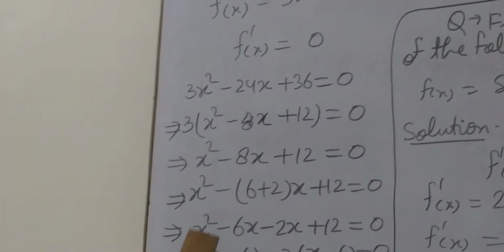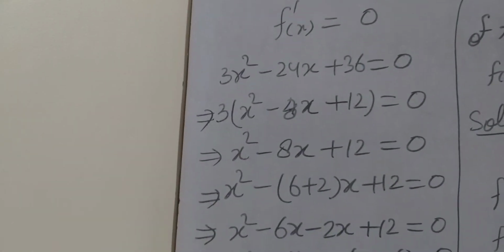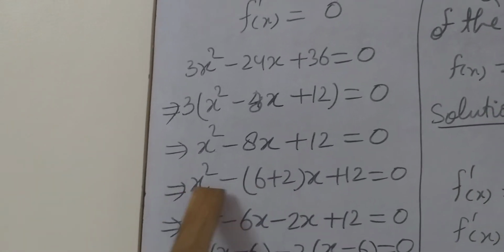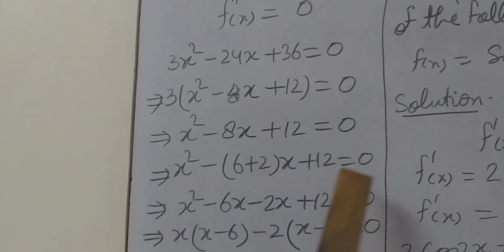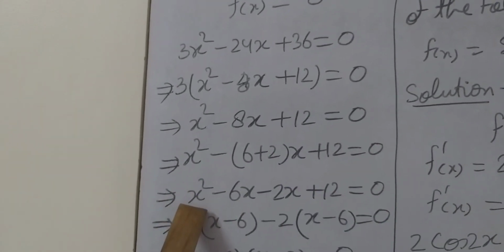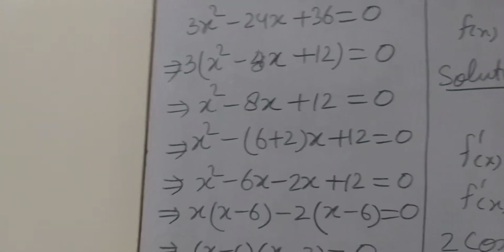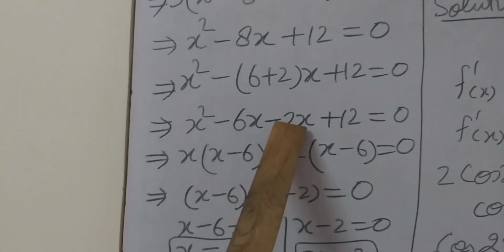Now students, we have to factorize to get factors. So 6 times 2 is 12, and 6 plus 2 is 8. So x square minus 6x minus 2x plus 12 equals 0. Now what is common here? x.